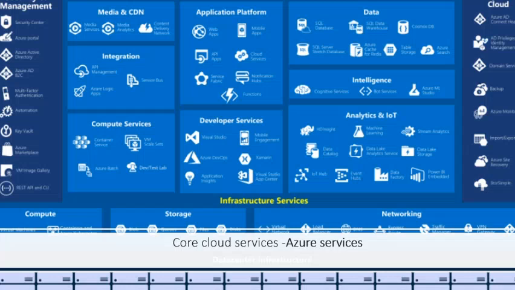It is a cloud-based enterprise data warehouse that leverages massively parallel processing (MPP) to run complex queries quickly across petabytes of data. Then you have Azure HDInsight, which processes massive amounts of data in managed Hadoop clusters in the cloud.